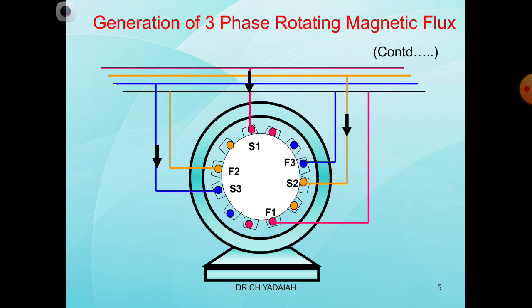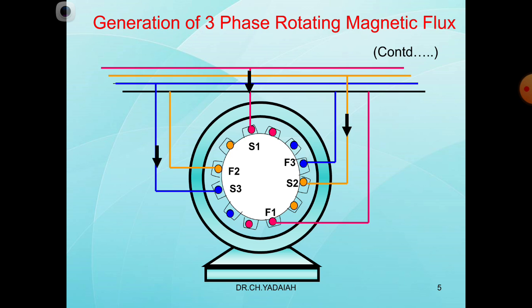Now, based on this current, the current produces the magnetic field. Let us take the magnetic field wave diagram and vector diagram. How does this flux wave diagram come about? Due to the voltage, current flows. Due to the current, it establishes the magnetic field. This magnetic field follows the current, and the current lags the corresponding voltage phase.